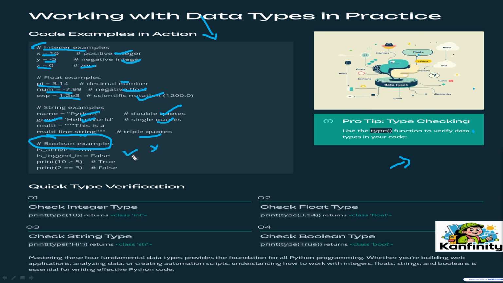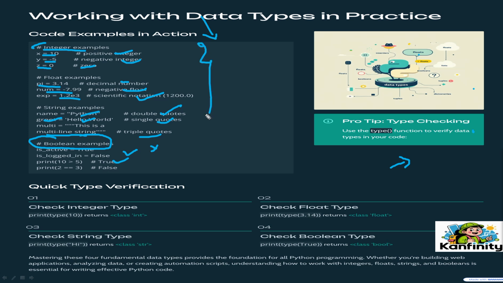For example, print 10 greater than 5. The statement is true because the number 10 is greater than 5. Then the other statement is print 2 is equal to 3. The statement is false, the reason being 2 is not equal to 3. So in this way, we represent the data types in a Python program.